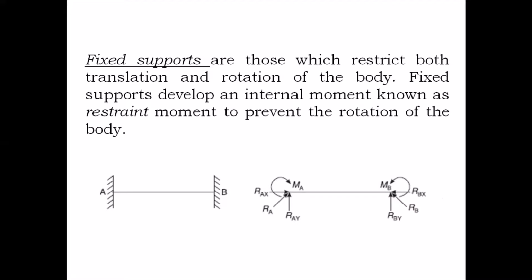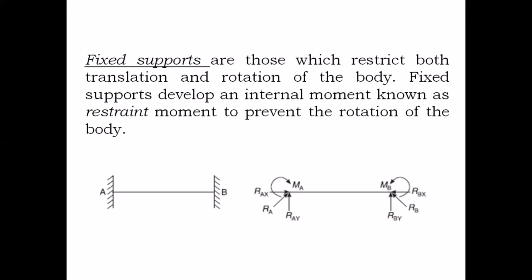Now this fixed support is that type of support which will restrict both translation and rotation. Translation in both directions, that is horizontal and vertical. Along with that, it also restricts the rotation of the body.